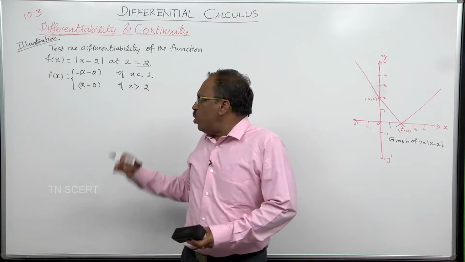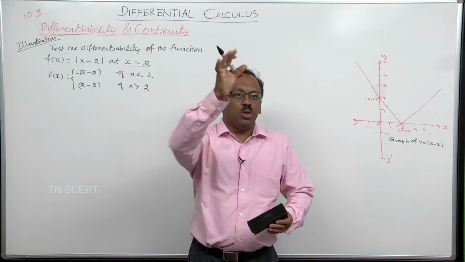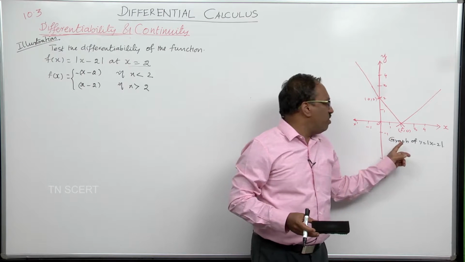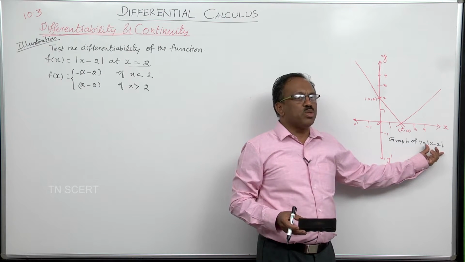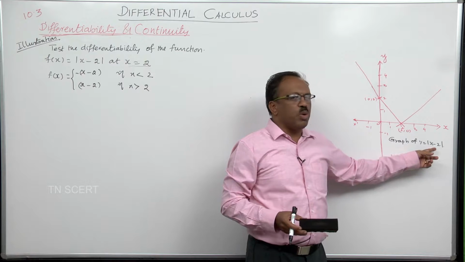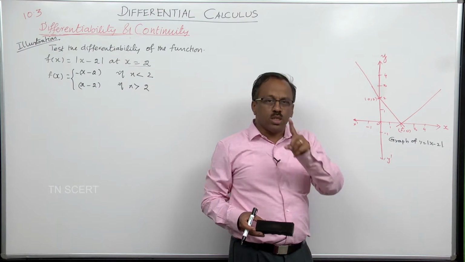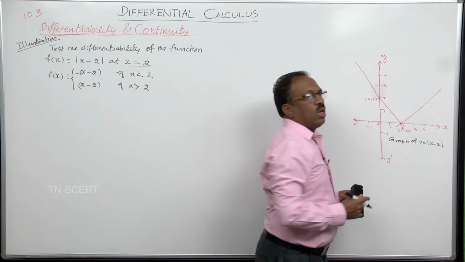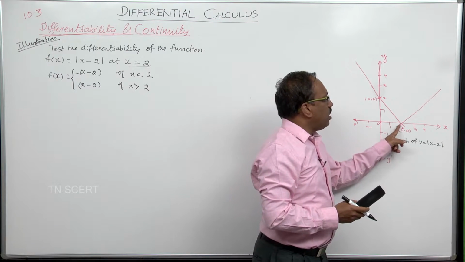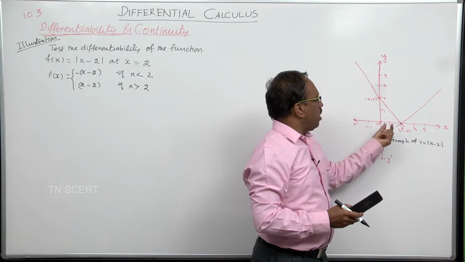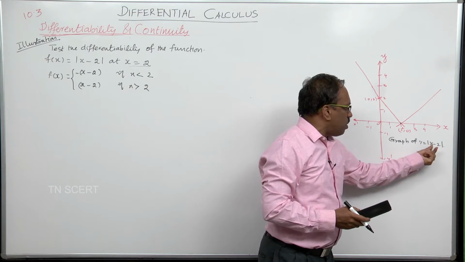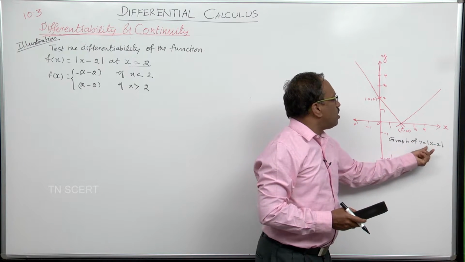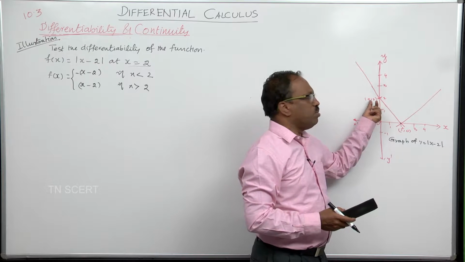Dear students, we know that the function is continuous at x is equal to 2, remember that. See the diagram better: the graph of y is equal to modulus of x minus 2. See the diagram. x minus 2 is equal to 0 gives x is equal to 2, y is 0. So, this is the point. The curve is like this way, and when x is 0, y is modulus of minus 2, which becomes 2, so the point is 0 comma 2.